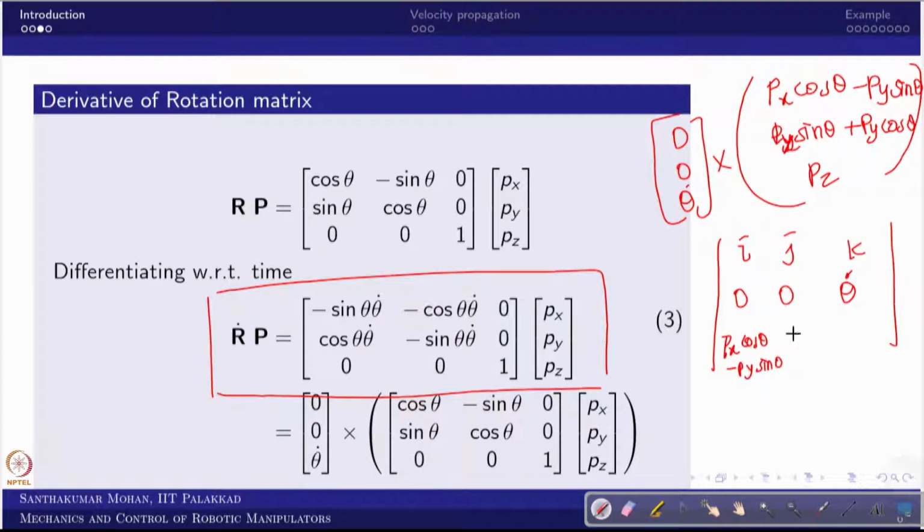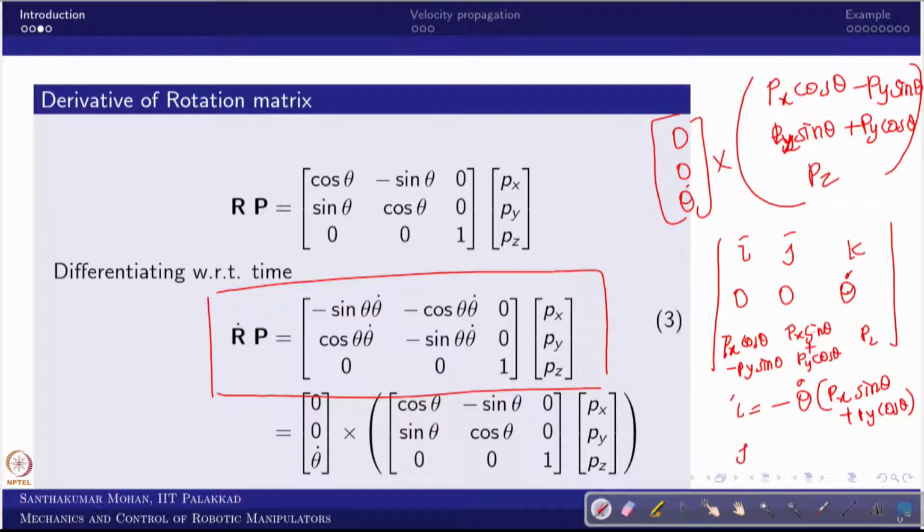And this would give Px sin theta plus Py cos theta, and this is Pz. You take this term. So I will multiply, so the i component would be minus theta dot, Px sin theta plus Py cos theta. So that is what we are also getting, right.